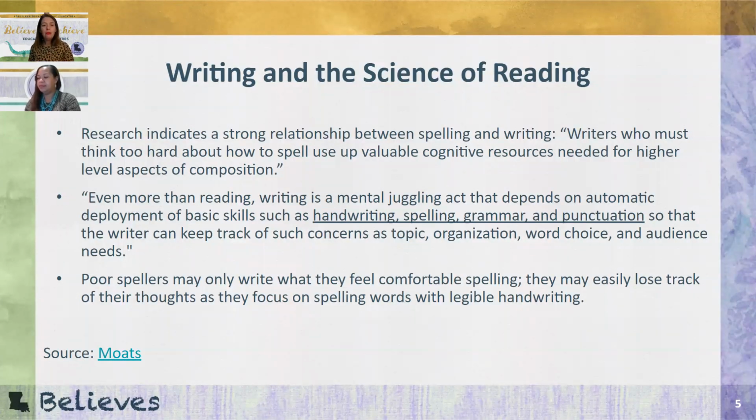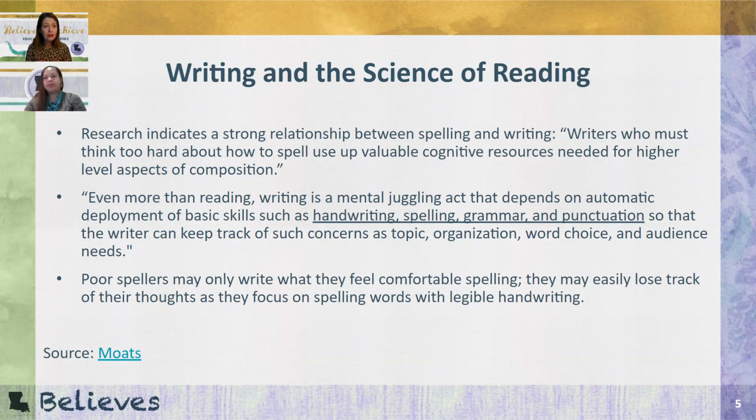Now, as I was mentioning, research indicates a strong relationship between spelling and writing. Writers who have to think too hard about how to spell are using up valuable cognitive resources needed for those higher level aspects of composition. So even more than with reading, writing is this mental juggling act.